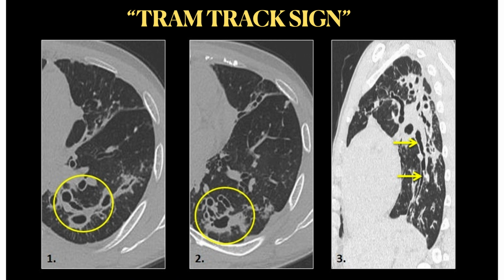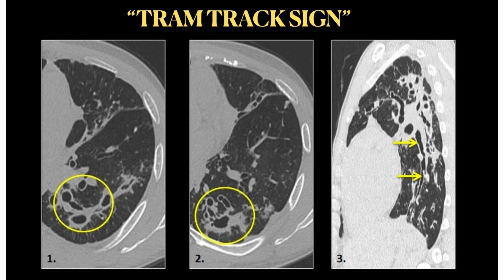So for more clarification of the tram track sign, here we have 3 different images. The first 2 images are done by high resolution CT, an axial image, and there is some curved sagittal format of the chest in the third image.